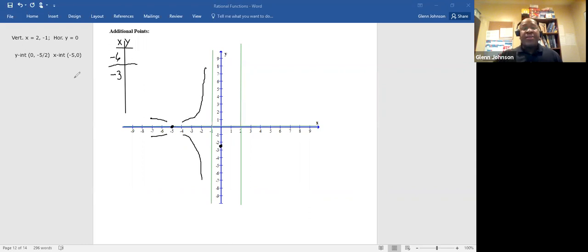Now, if we plug these values into the original function, I'm going to go ahead and do that on separate paper because this is something that you can do on your own.